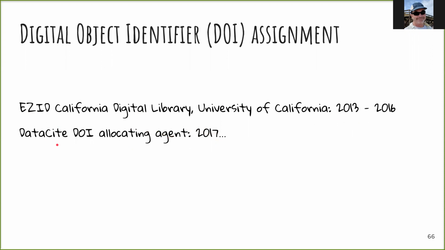So now when we mint and register DOIs, we don't go through EZID, we register directly with DataCite. And that's been operating quite nicely at this point. I think most data repositories working within the DOI system are no longer working with EZID, as that's being phased out. They'll also be becoming DataCite allocating agents or working with another allocating agent like EDI.